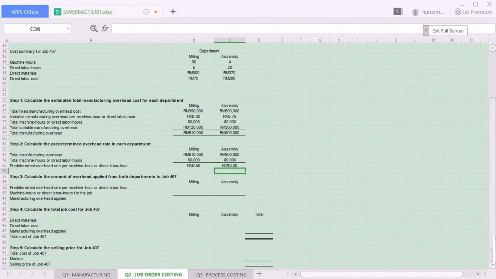Step 3. Calculate the amount of overhead applied from both departments to job 407. Predetermined overhead rate per machine hour for milling is RM8.5 and RM10 per direct labor hour for assembly.